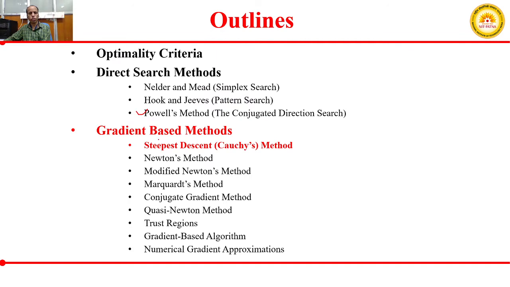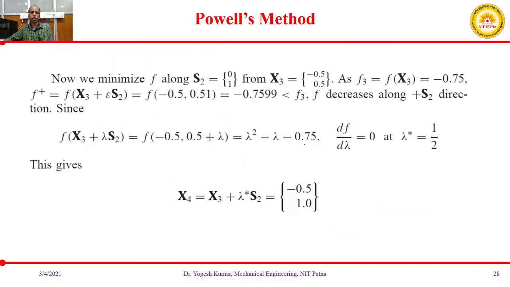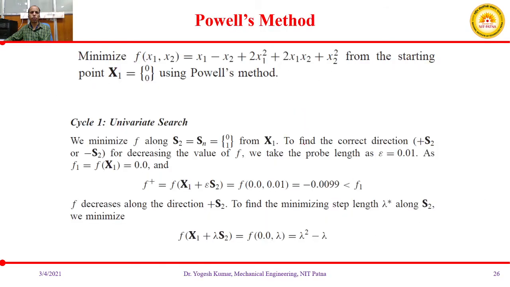And today, we will be discussing the first gradient based method, that is called Cauchy method or steepest descent method, based on the problem which we took yesterday. Yesterday we took one problem, that is f(x) equal to x1 minus x2 plus 2x1 square plus 2x1 x2 plus x2 square, and the starting point was x1 equal to 0, 0.